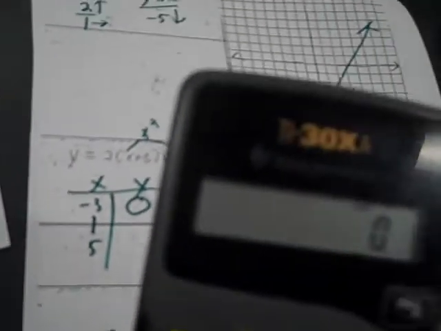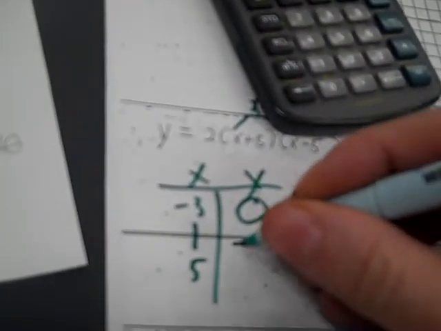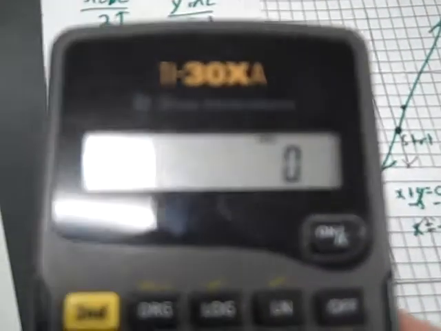Now I put 1 in, so 2 times parentheses 1 plus 3, close the parentheses, and then times parentheses 1 minus 5, close that, hit equals, negative 32. Now 5. So 2 times parentheses 5 plus 3, close that, times parentheses 5 minus 5, close it, you get 0.